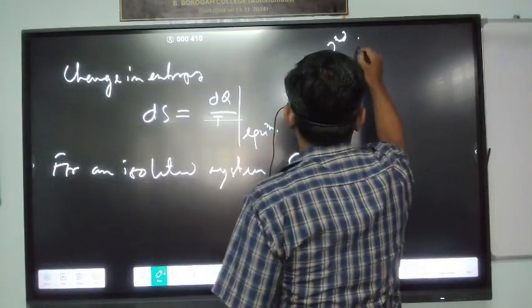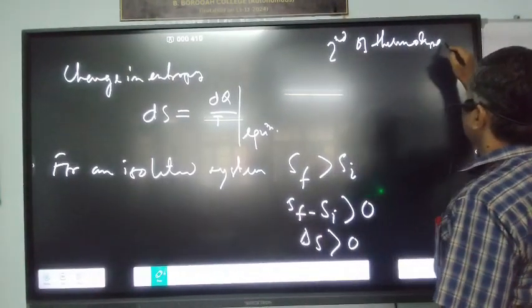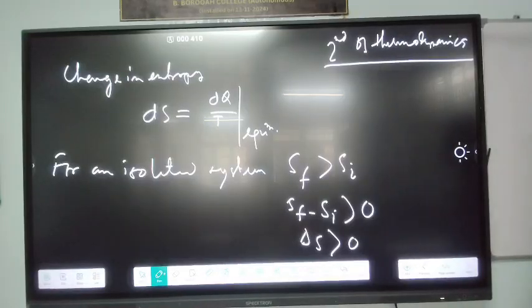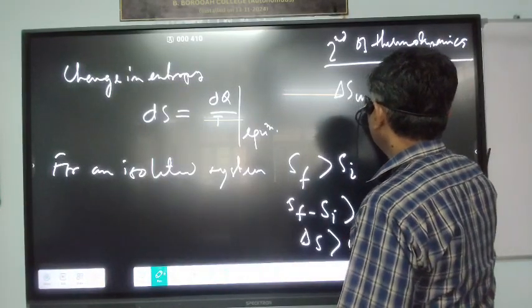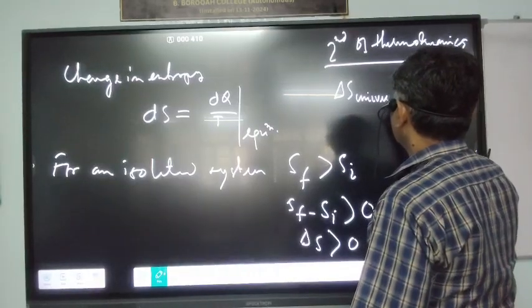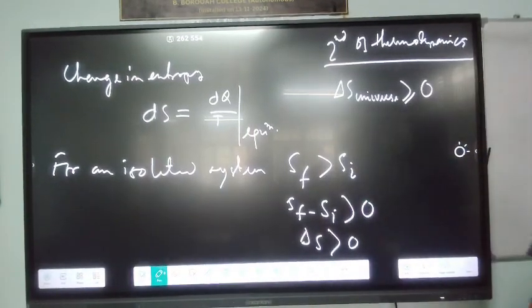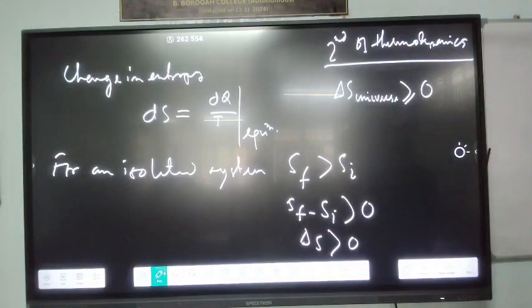Second law of thermodynamics. So I can now define the second law of thermodynamics in terms of entropy, and it says that the change in entropy of the universe is always greater than or equal to 0. For the universe, our change of entropy is always greater than or equal to 0. It cannot be less than 0.